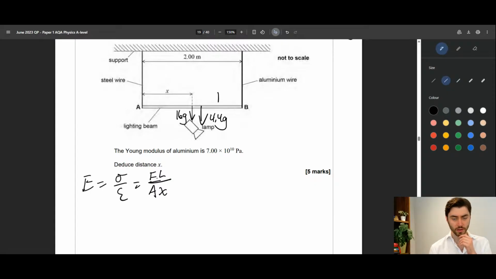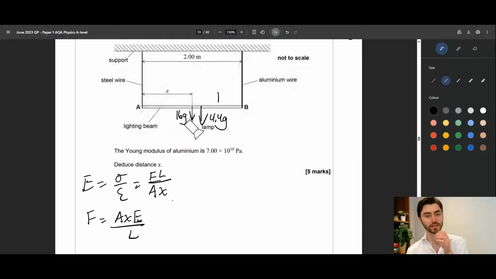We know L, we know A for both, we know the extension is the same for both. So let's rearrange this for F. F is equal to A times extension times E over L. We know the area of both wires, the Young's modulus of both wires, and L for both wires. We can work out the F, and their sum should be this.